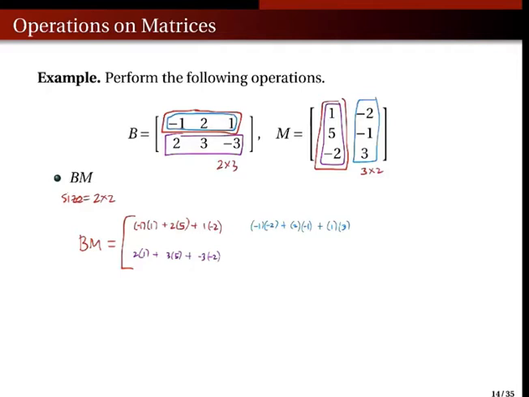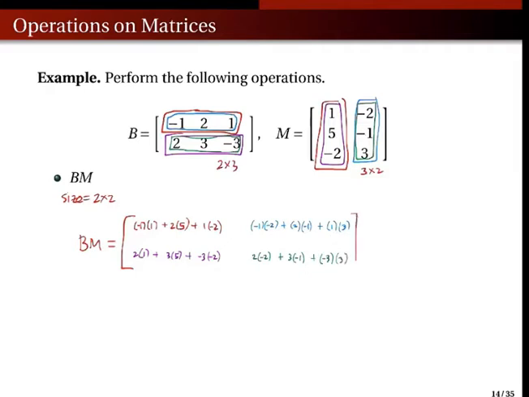And then finally, you have the second row and then second column. So you have 2 times -2, plus 3 times -1, and then plus -3 times 3.